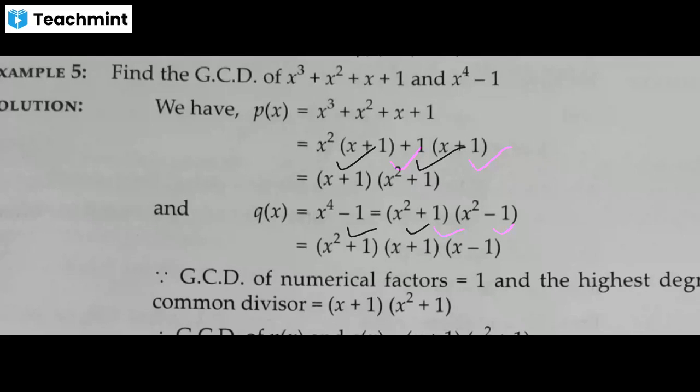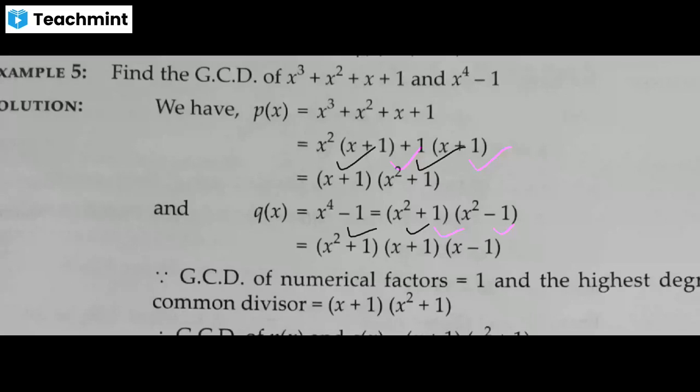I told you already many times that when we write in product form, any one factor can be written first. There is no hard and fast rule, no restriction. That property is called the commutative property of multiplication.